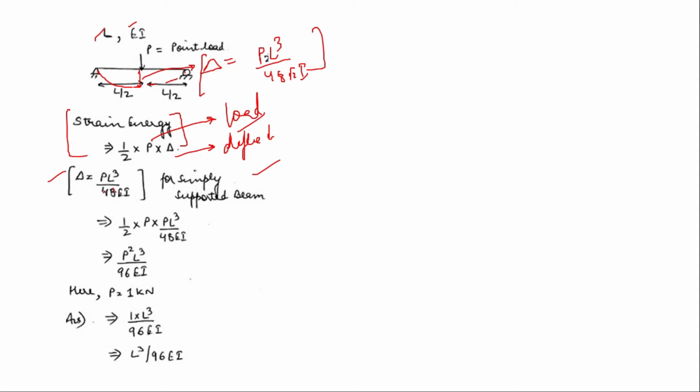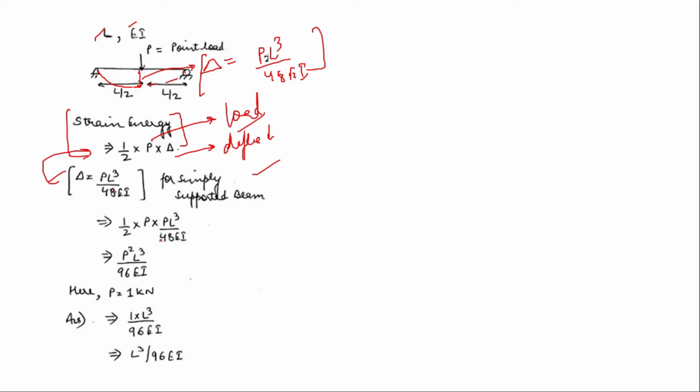If we replace this delta in the above equation, half of P into delta, we can replace delta with PL cube upon 48 EI. After solving it, we get P square into L cube upon 2 into 48, that is 96 EI.